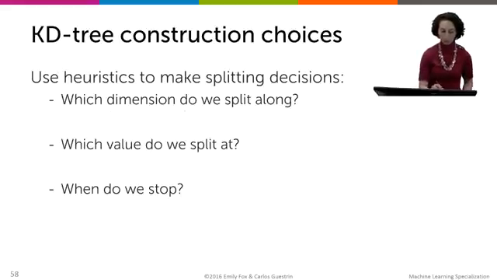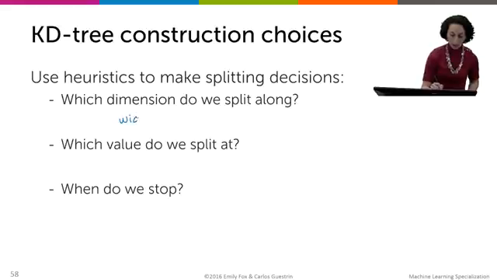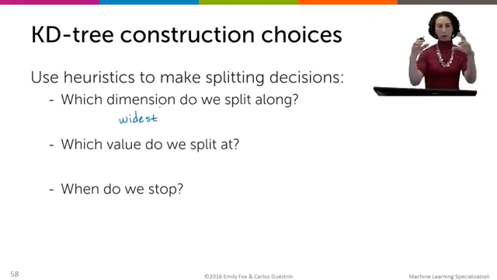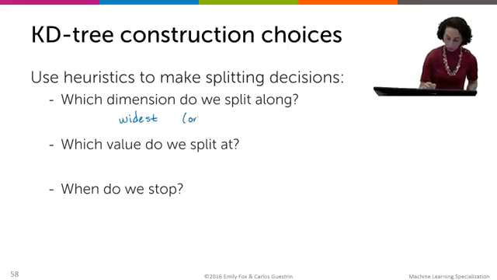So one example for which dimension to split on, we can split on the one that's the widest dimension. So if we think about any box, let's say it's just a box in R2, we look at how big x2 is versus x1, and if x1 is bigger than x2, then maybe we choose to split on x1. Or you can think about alternating dimensions.